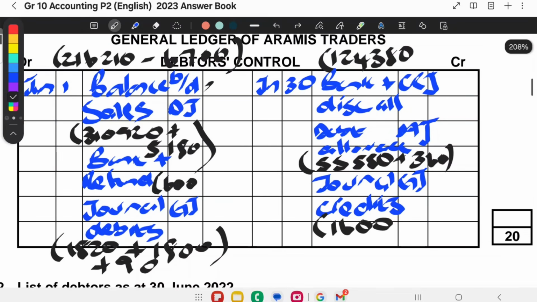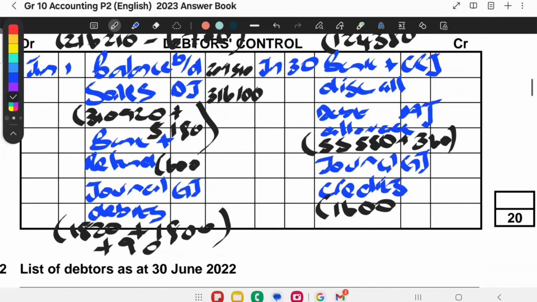So for my balance, I get 209,510. Then for my sales, I get 316,100. Then for my bank and refund, that stayed the same, so nothing happened there. And then for my journal debits, I get 3,710.